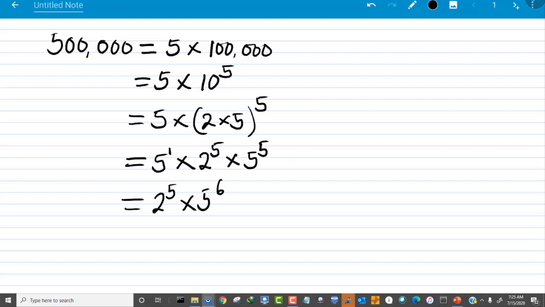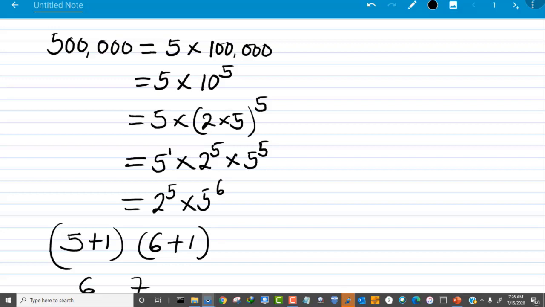Now the second step says take the powers on each factor and add 1 to them. So we have 5 plus 1 and then 6 plus 1. Now 5 plus 1 will give us 6. 6 plus 1 will give us 7. So the third step says multiply the result, and when we multiply we have 42.